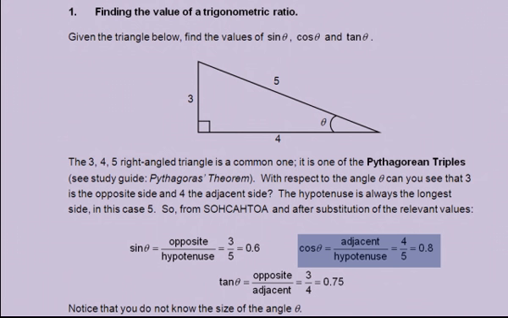The adjacent is 4, the hypotenuse is 5, so it's 4 divided by 5, which is equal to 0.8. The tangent of theta equals the opposite over adjacent. The opposite is 3, the adjacent is 4, and 3 divided by 4 is 0.75. Notice that you do not know the size of the angle theta.